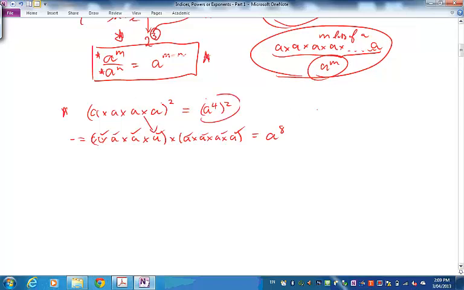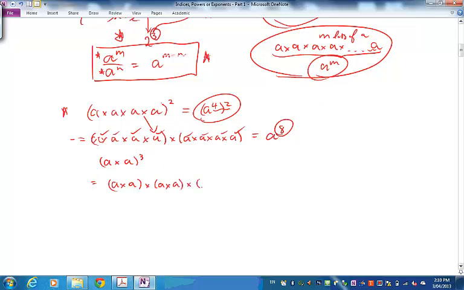Now, we don't really want to do this. We want to stay in Powerland. Could we have done something there to get our answer? Can you see it? Let's maybe do another one. Let's do a by a, all cubed. What does that mean? Which means a by a multiplied by itself 3 times.